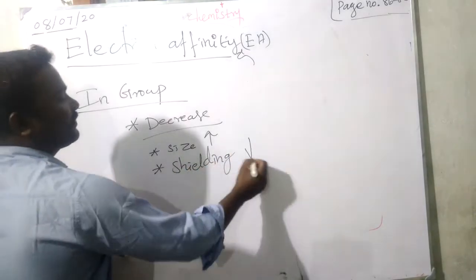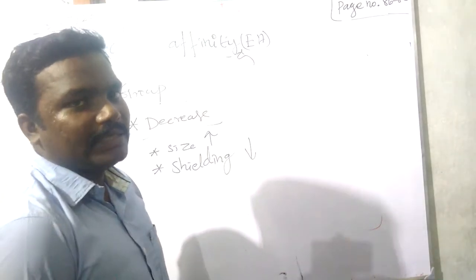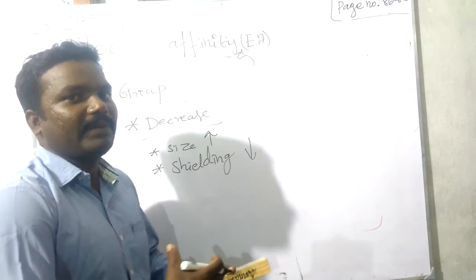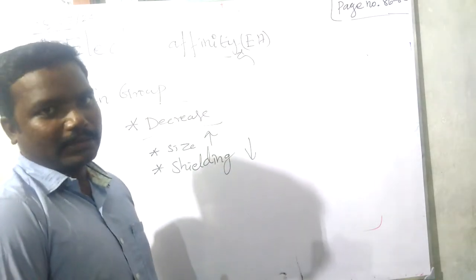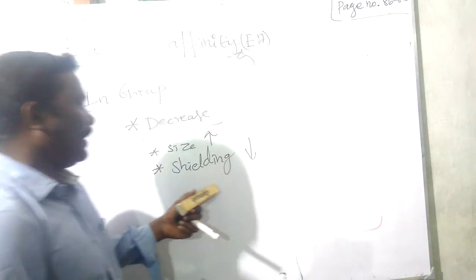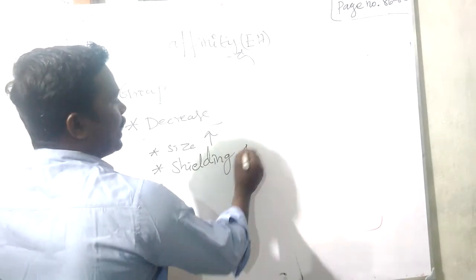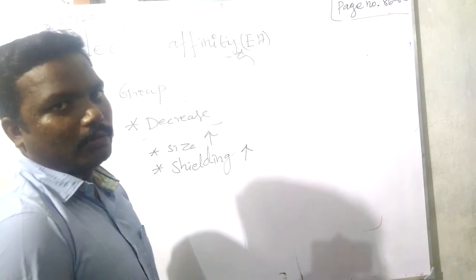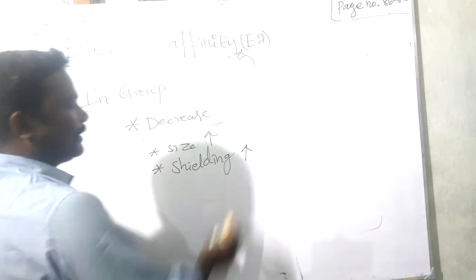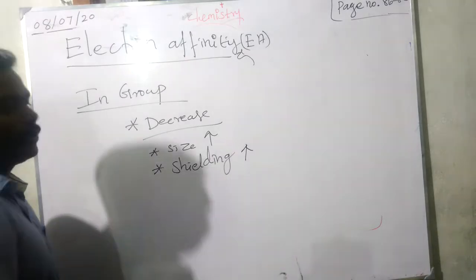Shielding effect is high; what will happen? Easily we can understand, shielding effect high means it may not have more tendency to attract an electron. So because of this, it cannot easily attract the new electron.